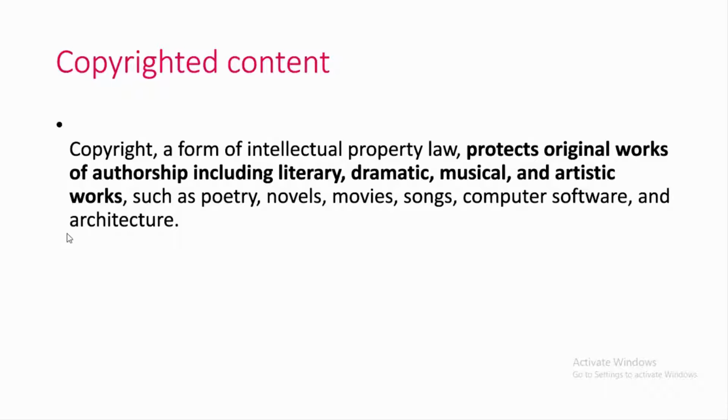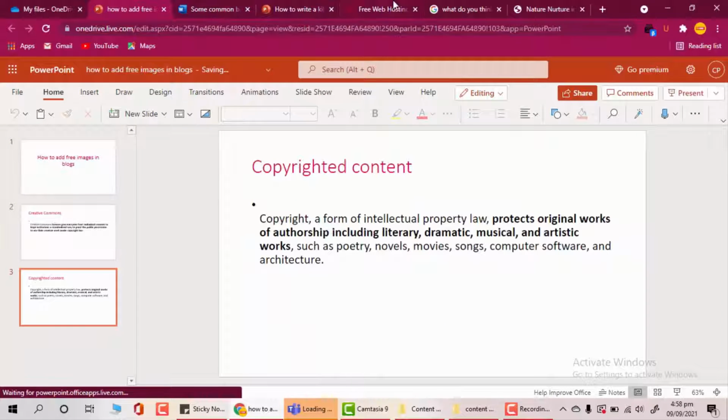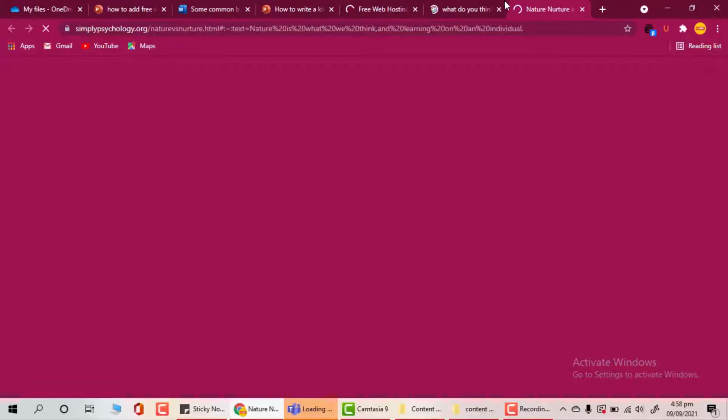So everything that is claimed as copyright is protected. It is exclusive, you can't really use it, so you have to take permission. The reason I'm sharing these concepts is that you cannot use a copyright image in your content. Now I'm going to show you a couple of websites where you can find free images.